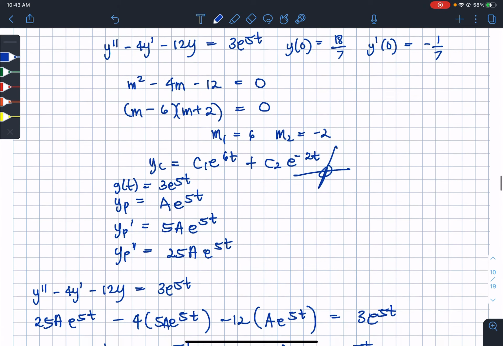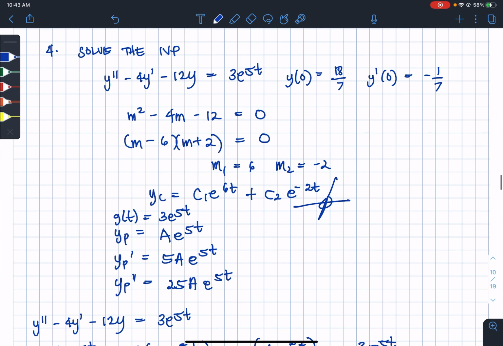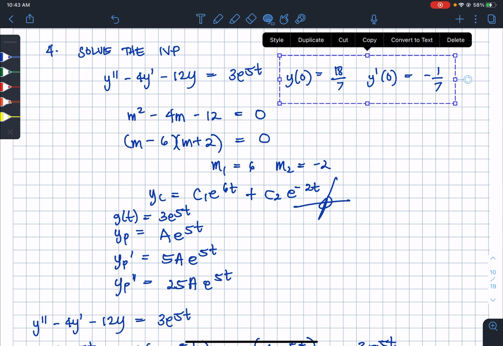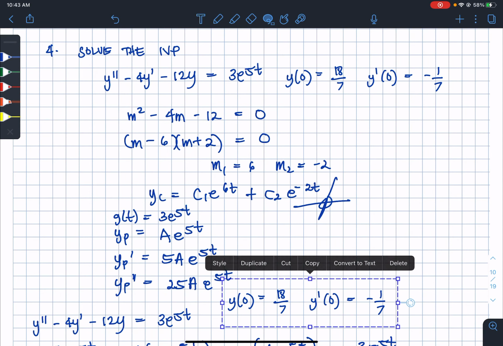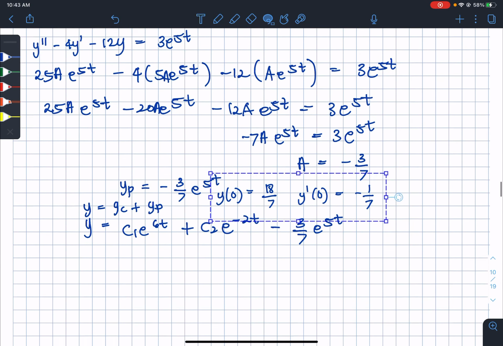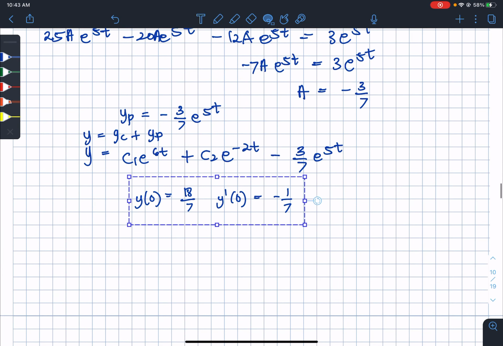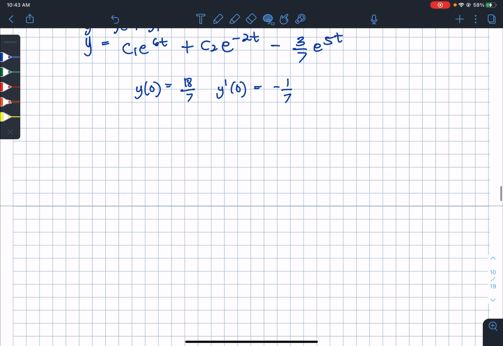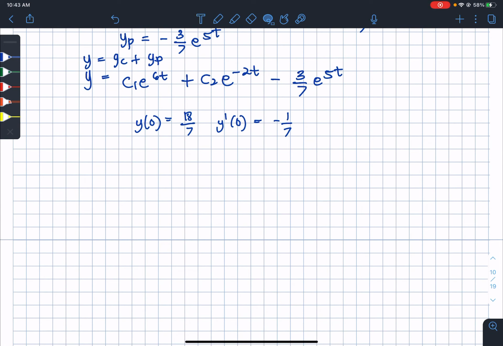However, it's an IVP problem, wherein it says that when t is 0, y is 18 over 7. So we're going to substitute.